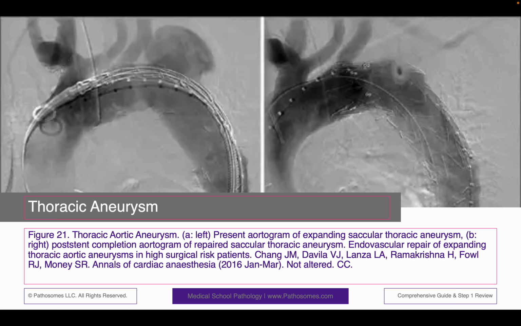And again, on the left, we have an arteriogram of an expanding saccular thoracic aneurysm. My mom can see this, so I'm sure that you can. And on the right, we have a post-stent completion arteriogram of a repaired saccular thoracic aneurysm.